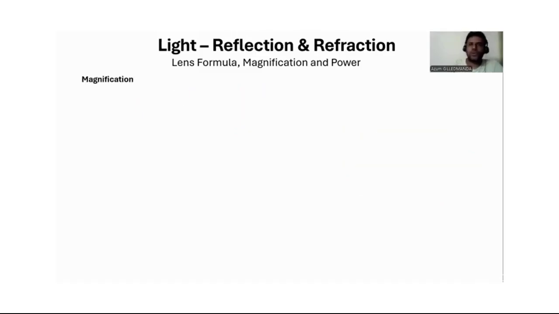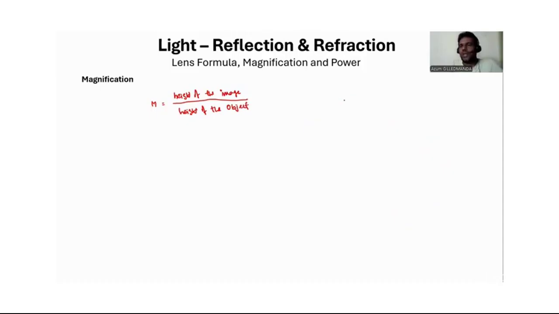And also we'll look at magnification. The magnification m has another formula, that is height of the image by height of the object.